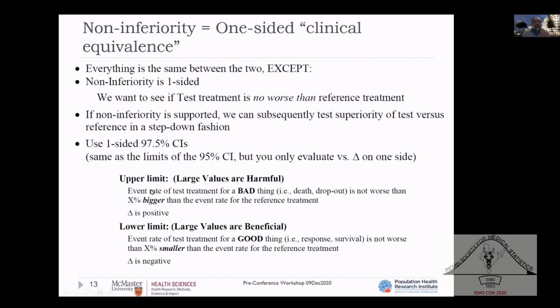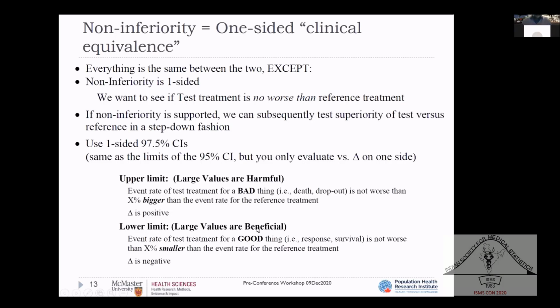So if having large values is harmful, such as the event rate of the test treatment for a bad thing, such as death, for example, you don't want it to be worse. It can be a little bit worse, but not too much worse than some percent of the reference treatment. And so we usually focus on the upper limit of the confidence interval.